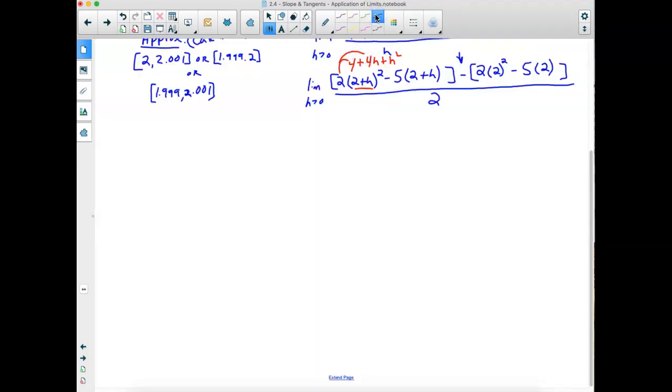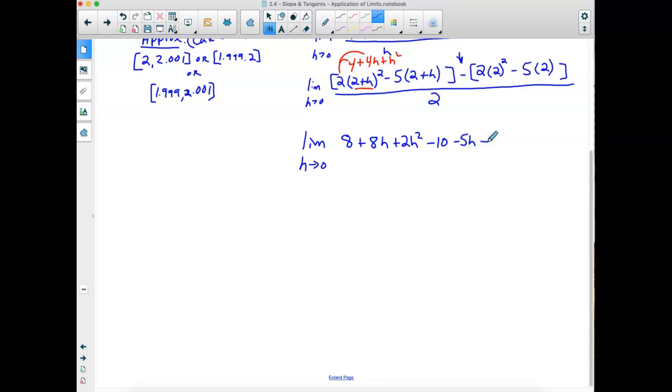Now I'm taking my limit as h approaches 0. My smartboard is not working very well again today. Of 8 plus 8h plus 2h squared minus 10 minus 5h, and then that's going to be, I don't know, that could be minus or plus.